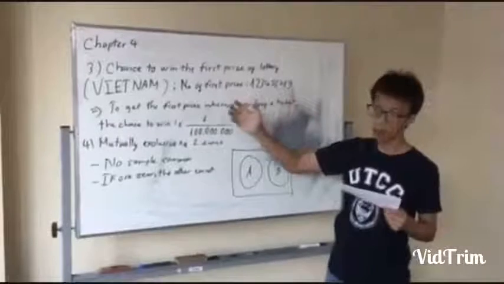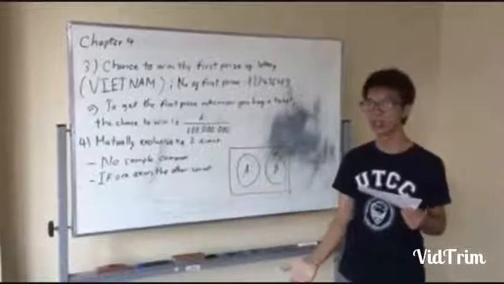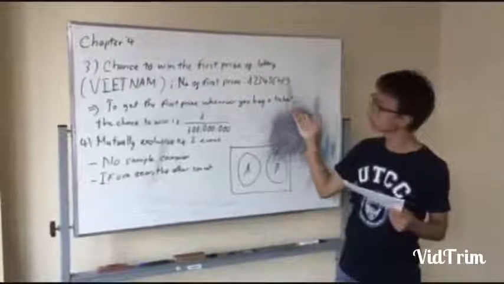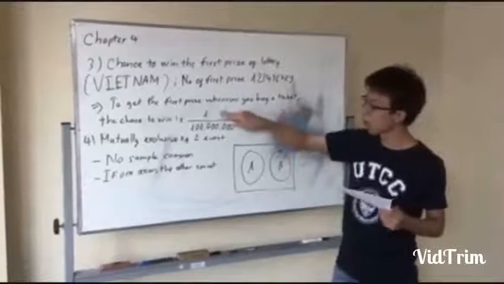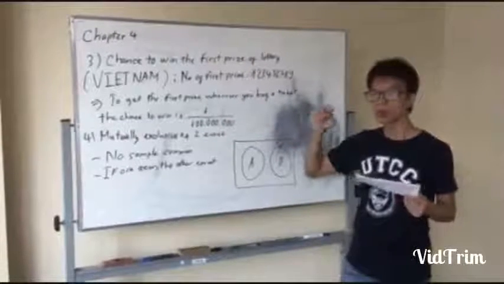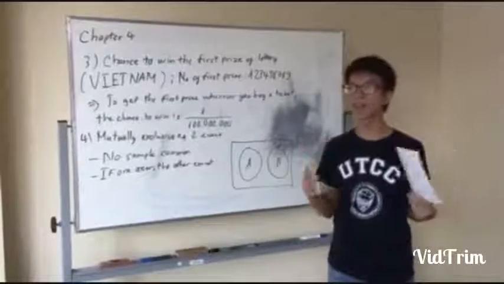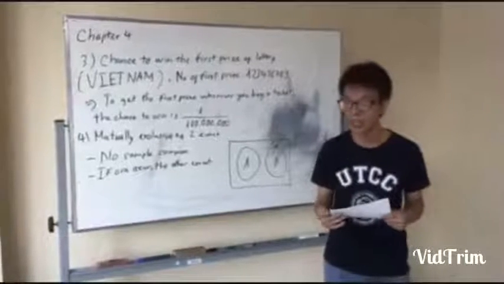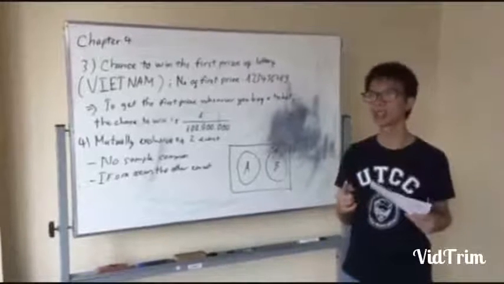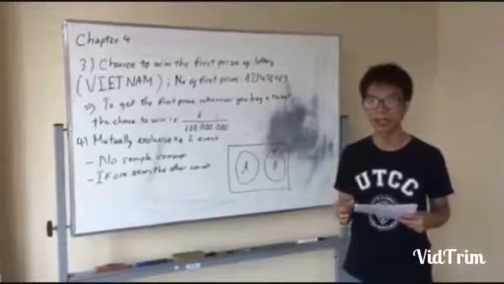If you buy one ticket, the chance to win the first prize is 1 over 100 million. No matter whether you buy 50 or 1,000 tickets, you only have a small chance to get the first prize.